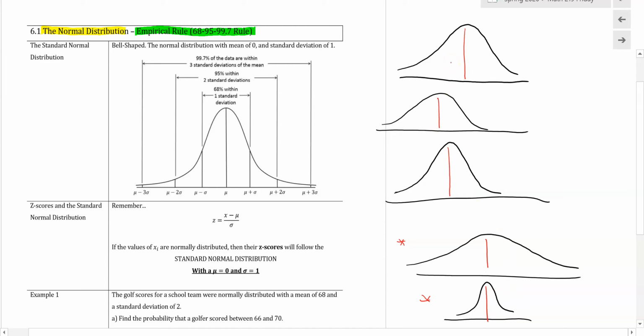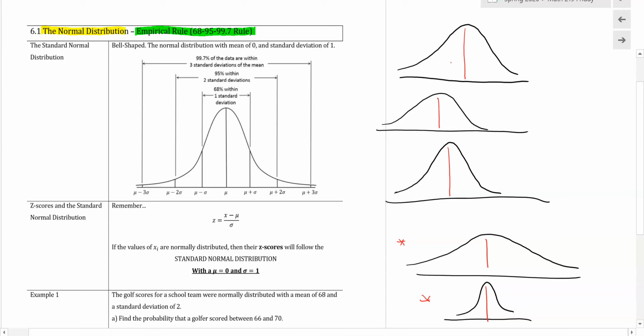Now, for the binomial distribution and the uniform distribution, we had some characteristics to check to verify that, oh yes, this random variable does follow a binomial distribution. Remember, we had bin. Or for the uniform distribution, it had to be a continuous random variable with all probabilities equally likely.